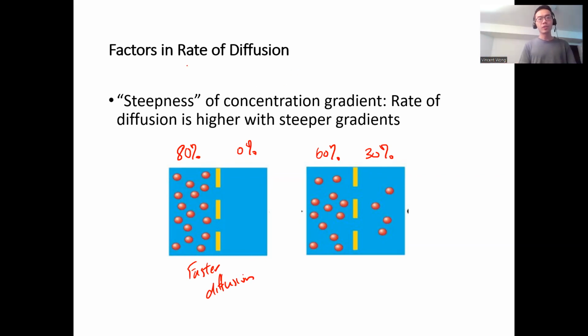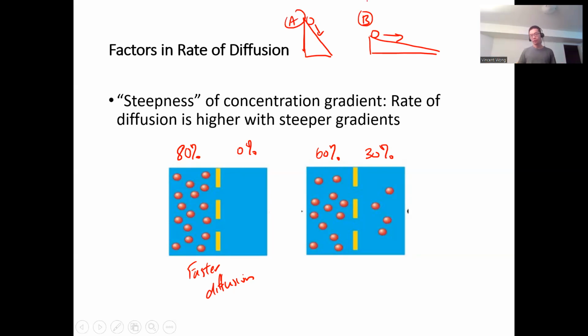A way to help you visualize this is like this. Think of a ramp. You have this ramp, and then you have this ramp, right? Which ball is going to roll down faster? Ball A or ball B? Hopefully, based on common sense, you would know ball A is going to roll down faster, right?